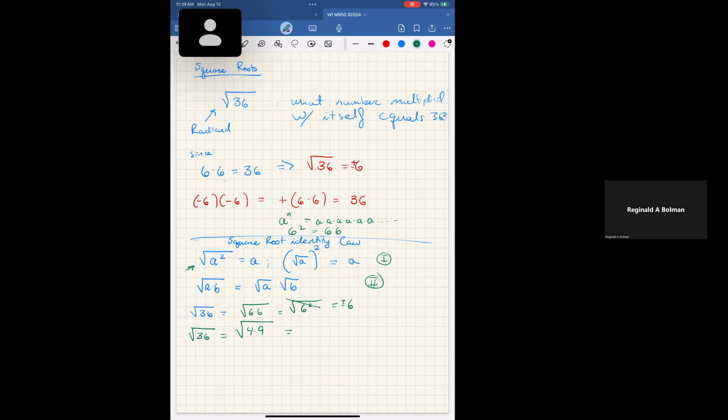Okay, so the square root of 4 times 9, it turns out that it seems to be the case that the square root must be applying over the 4 and it must be applying over the 9, because when I take the square root of 4, that gives me 2. When I take the square root of 9, that gives me 3. 2 times 3 gives me 6. Interesting.